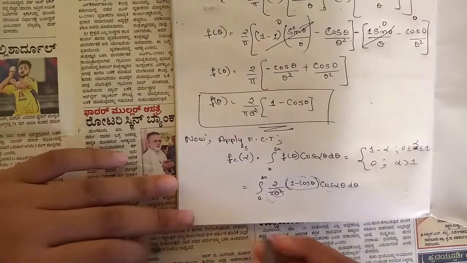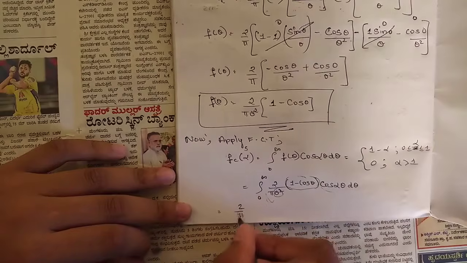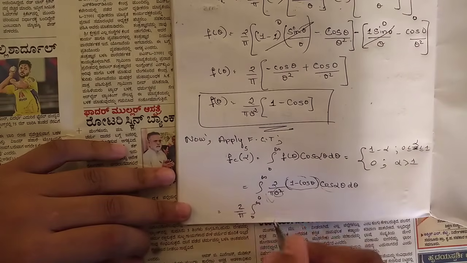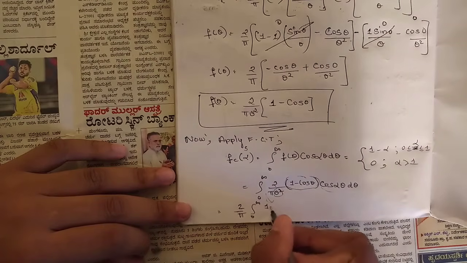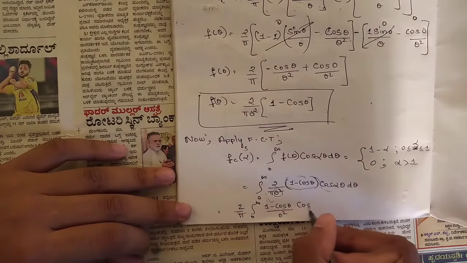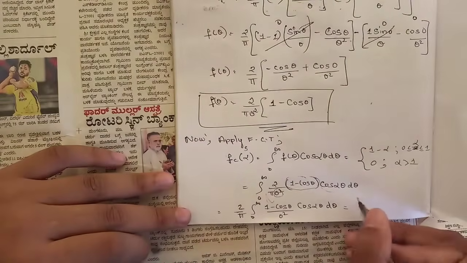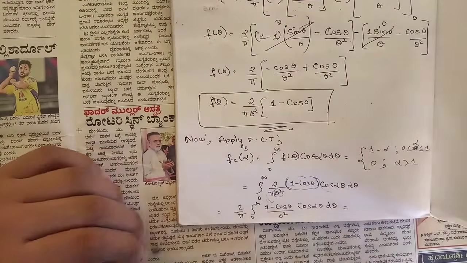So the first thing we can do here is take this 2 by pi common outside, so the integral of 1 minus cos theta by theta square cos alpha theta d theta is equal to the same condition itself.